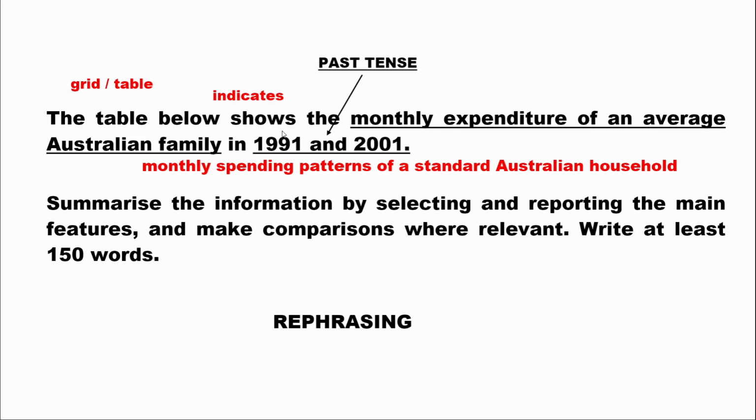And pay attention, this is past tense. You see 1991 and 2001. So you must use past tense when you are structuring your essay in the body paragraphs when you are giving the information. So you will use increased, rose, went up, or decreased, declined, went down.